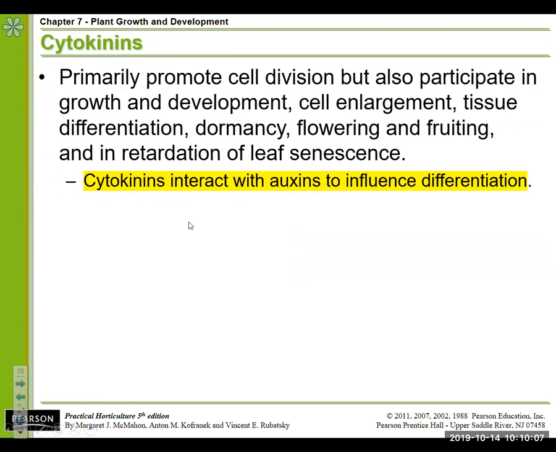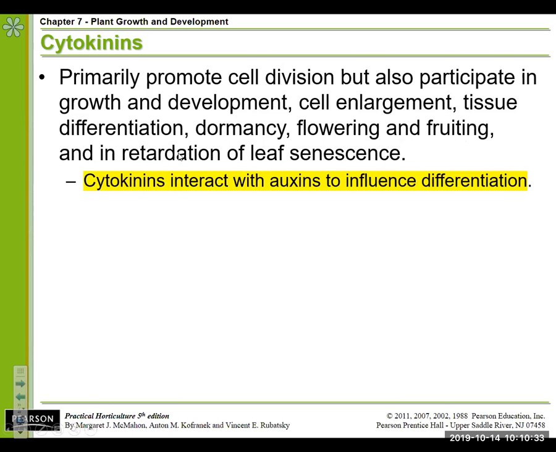The next class of hormones is the cytokinins, and their primary function is just to promote cell division, but they also play a role in some of that cell growth and development, the enlargement of the cells, differentiating tissues as well, also to a certain extent in dormancy and in the retardation of leaf senescence.